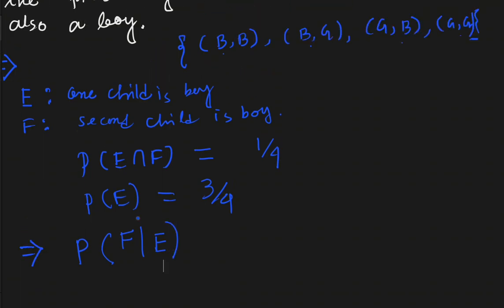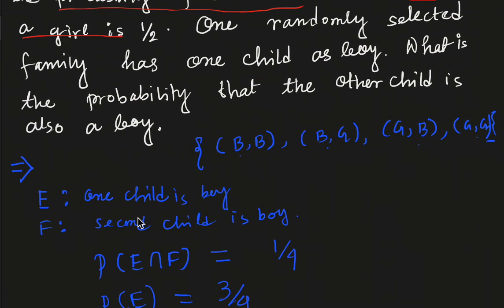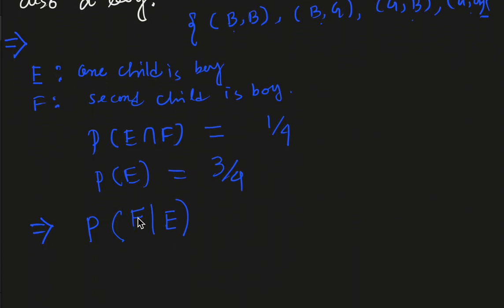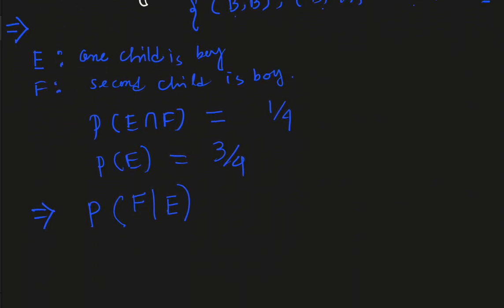Sorry, it is not the second child, this was a mistake, it is the other child. So what is the probability that the other child is a boy given that one of them is a boy?